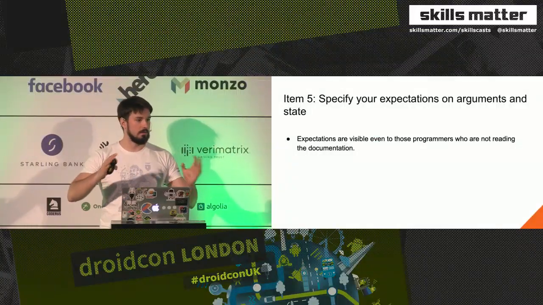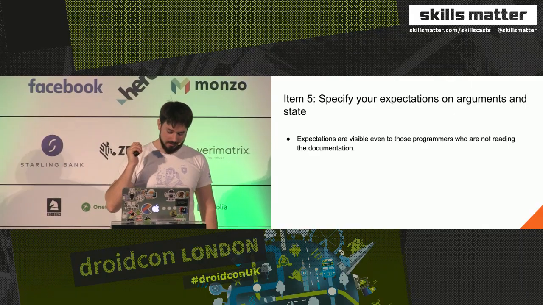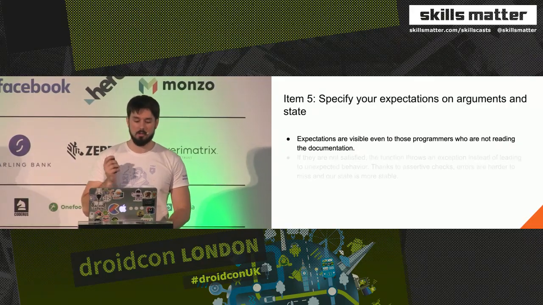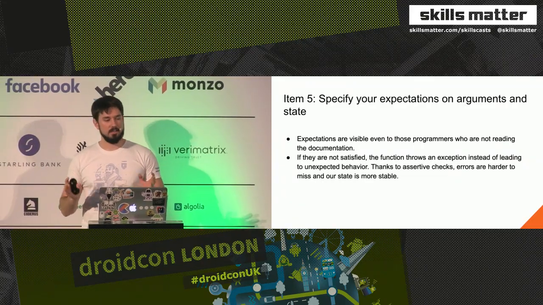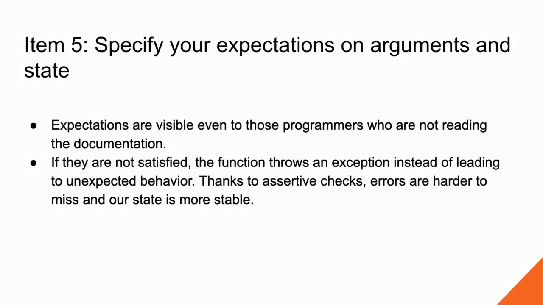So we set up expectations this way because it makes them visible. They are clear. When someone sees our function, he can see exactly what is expected, even without reading documentation. If they are not satisfied, we are not letting this any further.